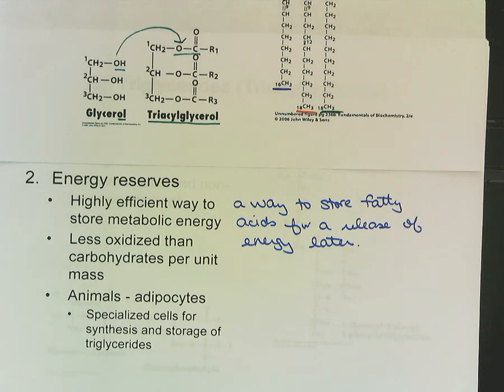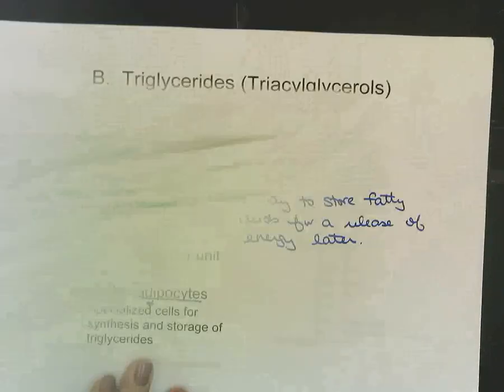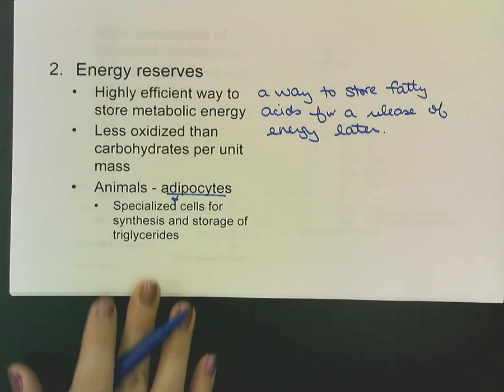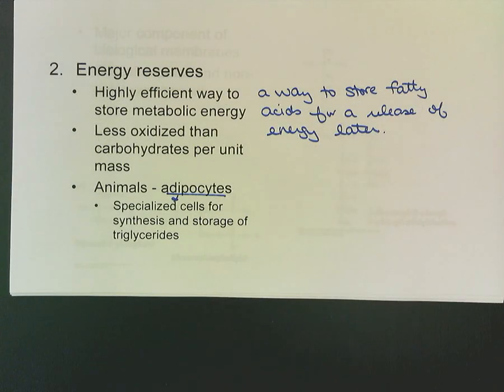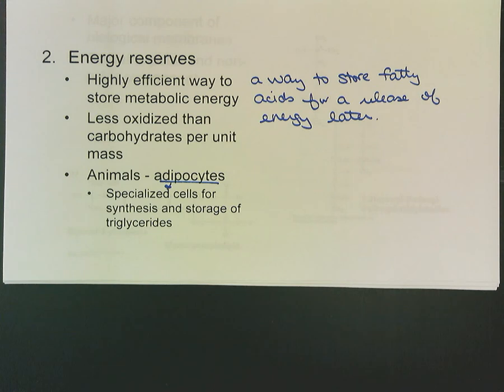So for those who are more familiar with biological terms, where we store these is in our adipocytes. I've never actually heard it said before, so that word? That's where you store your fat. Specifically, you store your triglycerides in those specialized cells.